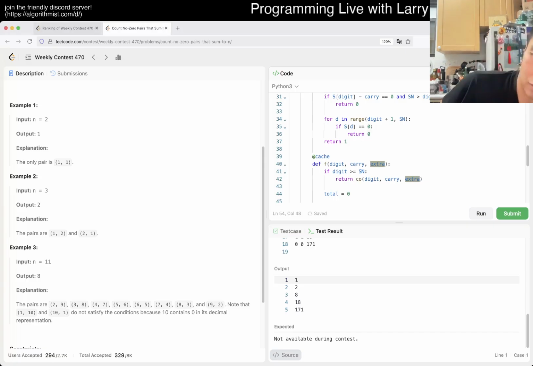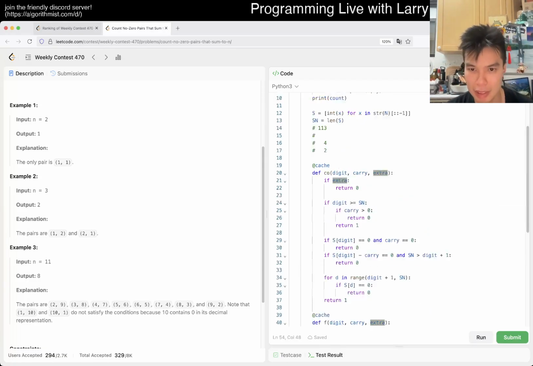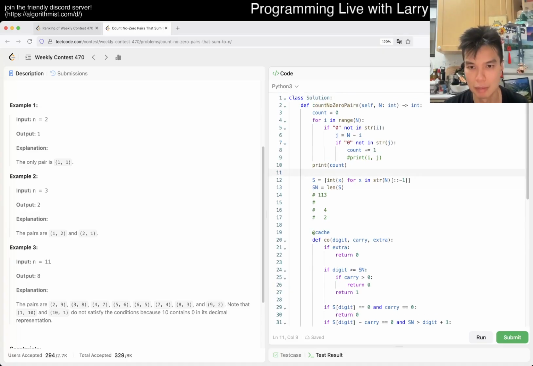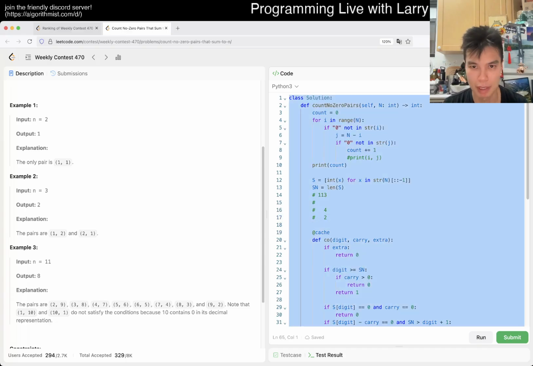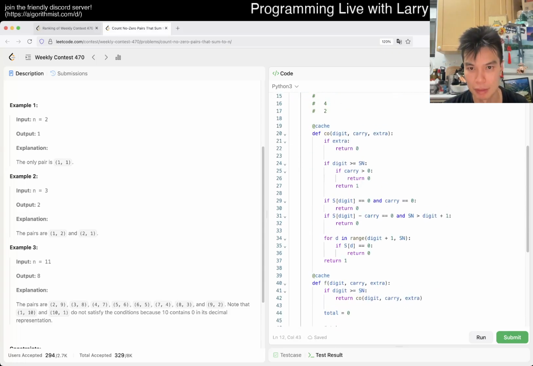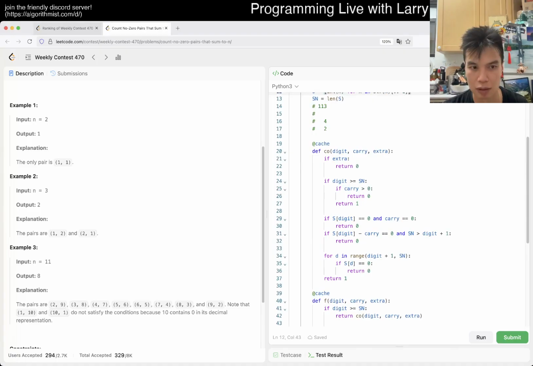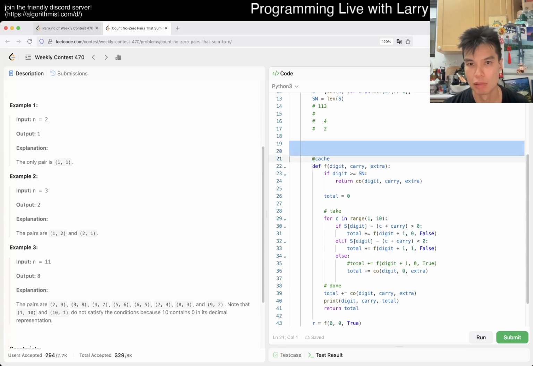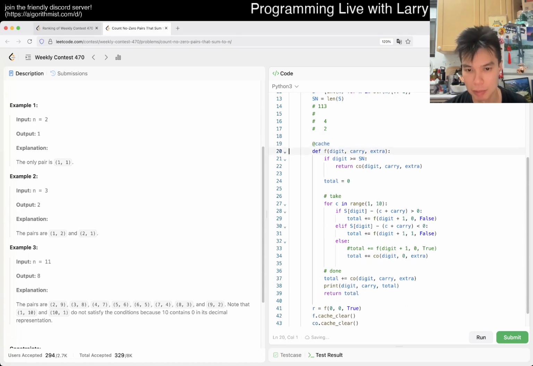Maybe I just need to do the math. Maybe this idea is too crazy. Let me copy the code somewhere safe, and we'll see if I can restart. Maybe I have to do them at the same time.